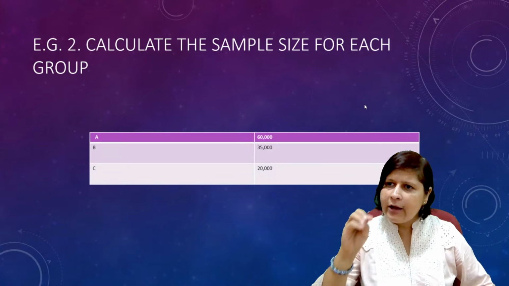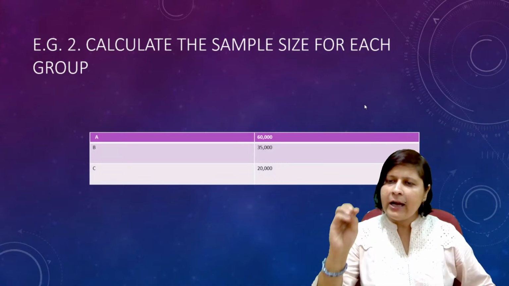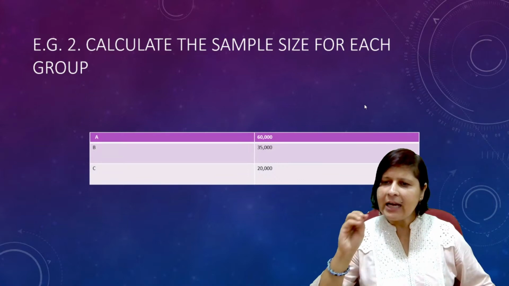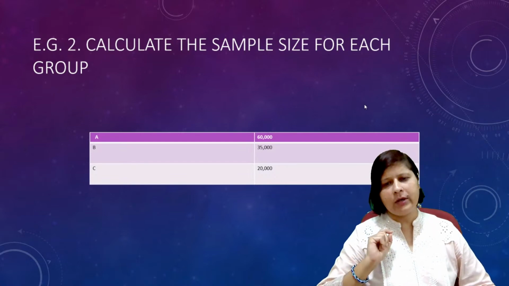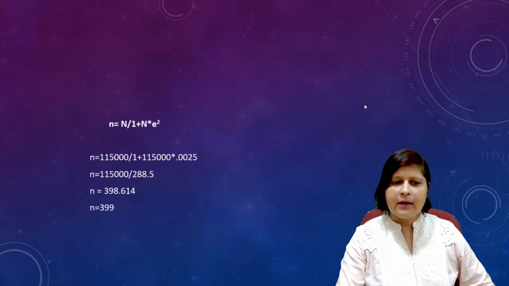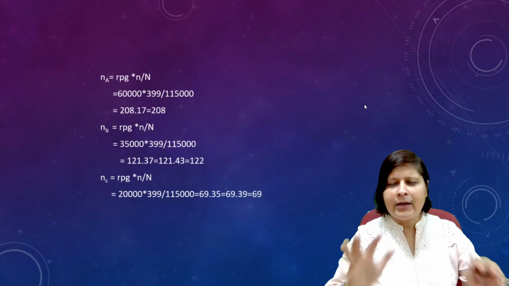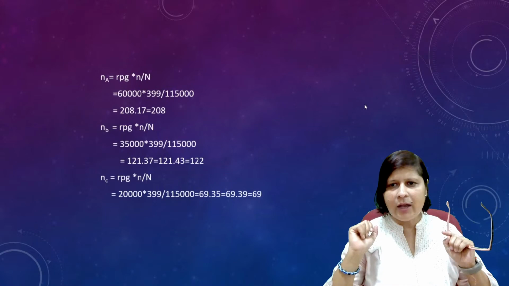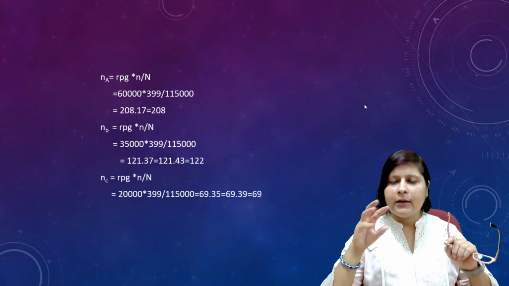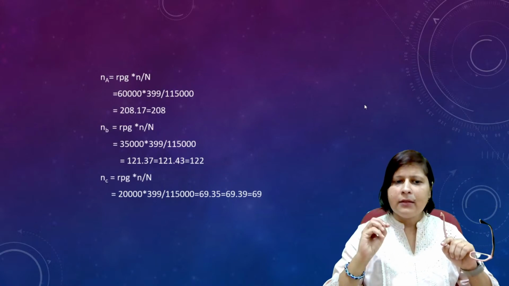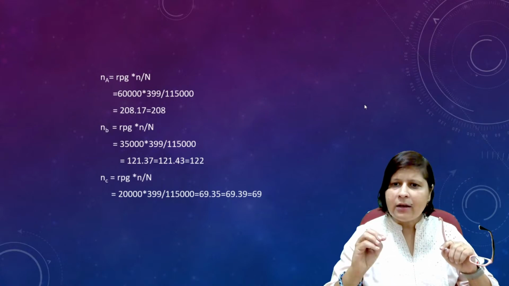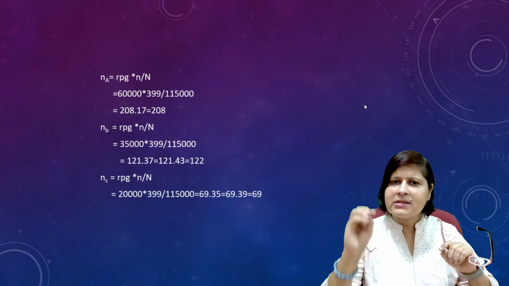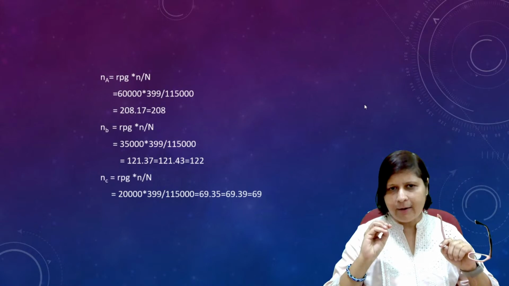Can it be 100 or 99 or 100? No, I cannot do it like this. Then I should apply a formula to find out the sample size of each and every stratum.